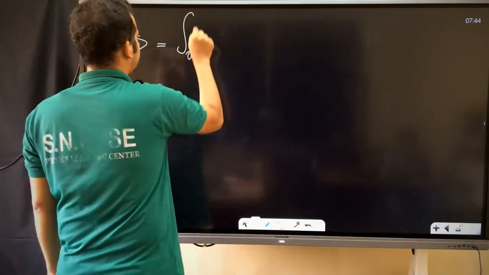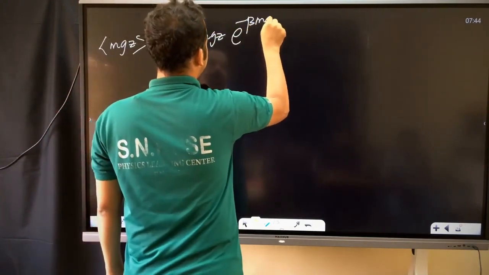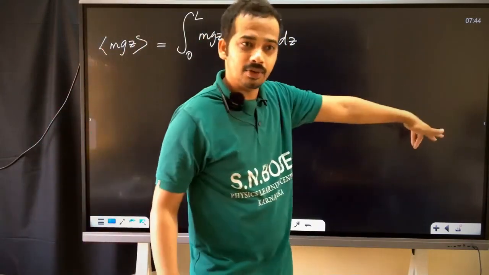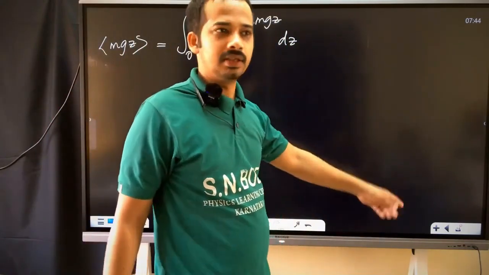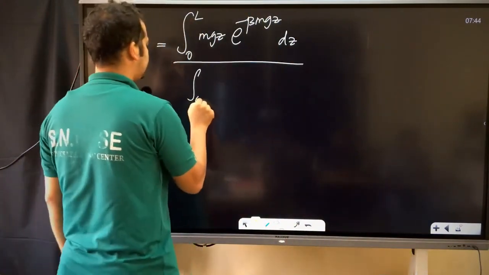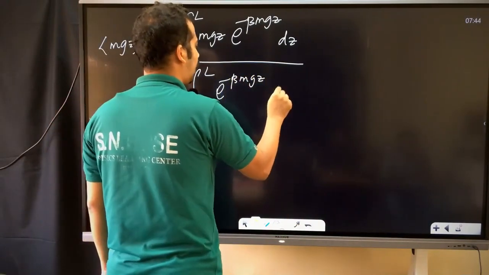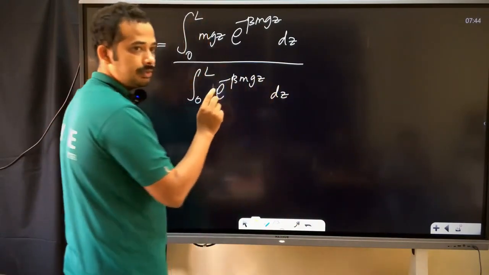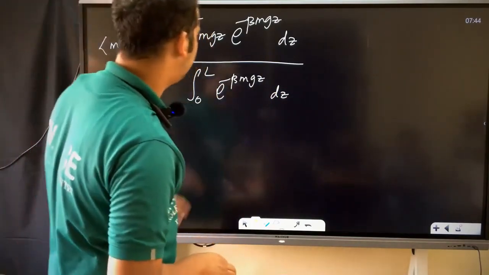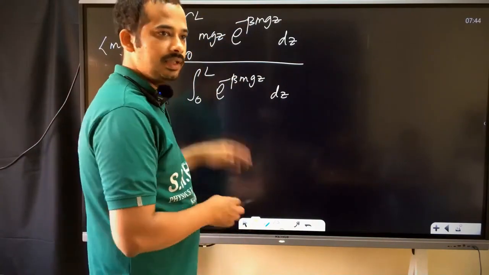So this will remain integral 0 to L of mgz e to the power minus beta mgz dz. The dx dy integral, that is the cross sectional area, is common in the numerator and denominator. The whole is divided by integral 0 to L of e to the power minus beta mgz dz. After some practice you can write this directly, otherwise you may end up with trouble. Only these two integrals will be left in any such average value.